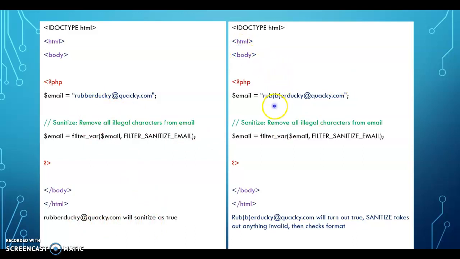Now with this one over here, we've put a couple of quotation marks in, and we're going to see what this one does. When it filters and sanitizes it, it's going to pull out all of the things that are not supposed to be there. Then it's going to say, rubber ducky will turn out true because we took out what did not make sense, what was not right, what was invalid. So it took out these.